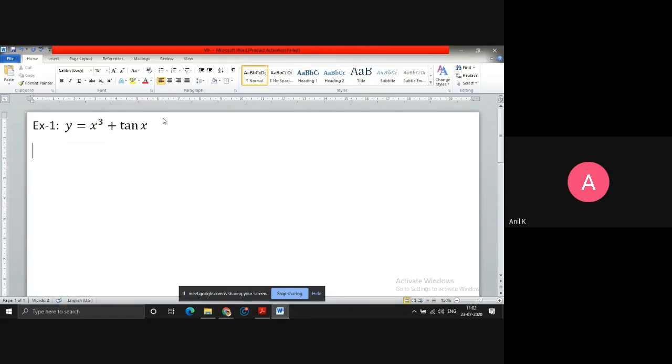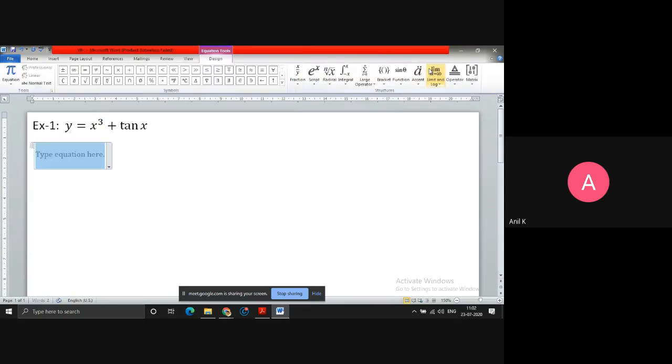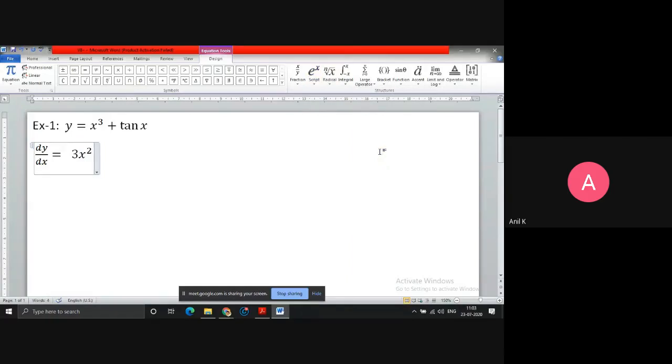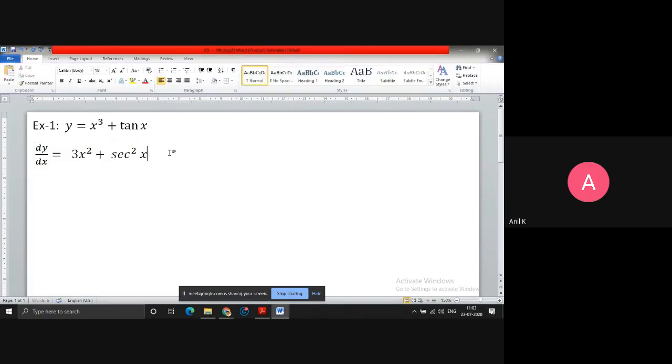If I derive with respect to x, you can write the statement, then you'll get dy upon dx equals the derivative of x cube, which is 3x square, plus the derivative of tan x, which is sec square x. So this will come as sec square x. Okay, so this is dy by dx, the easiest.